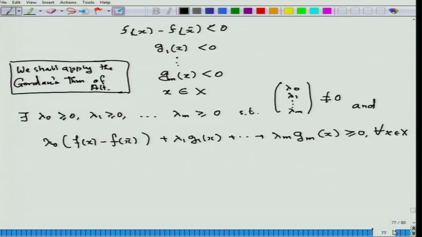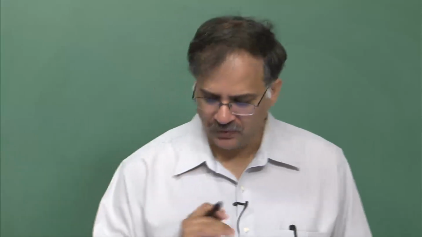Once I have this, suppose lambda naught could be 0 at this point, because then of course f would go out of the description, and that would not be a fair thing to do. So, the interesting part is as follows.